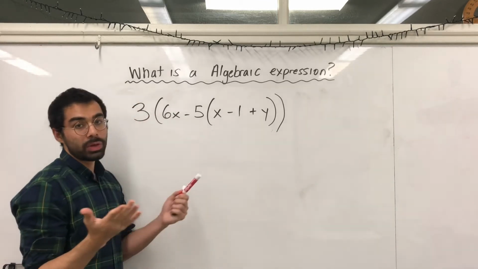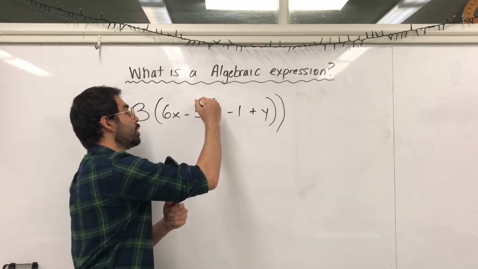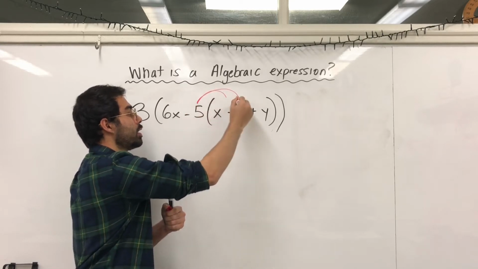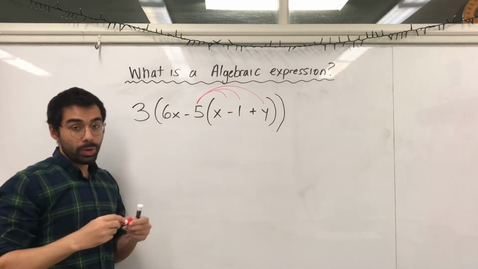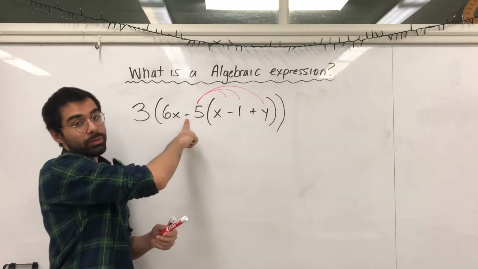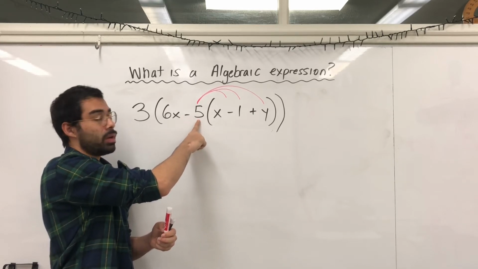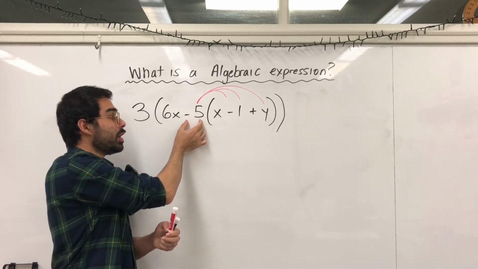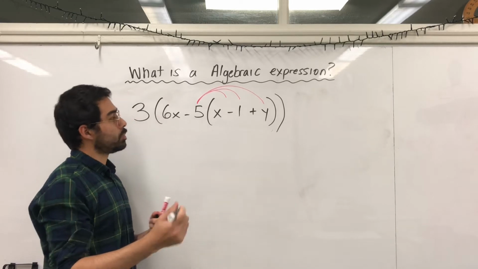We're going to have to use our distributive property. So we're distributing -5 to x, to -1, and to y. Notice I said -5. Always look for the symbol in front of, in this case, your constant. So I'm distributing -5 to each of these terms, which I'll do right now.